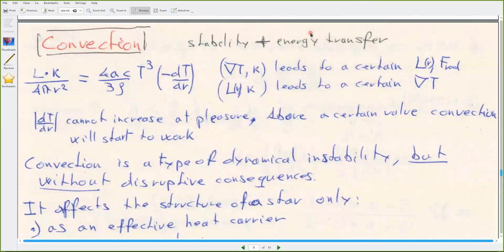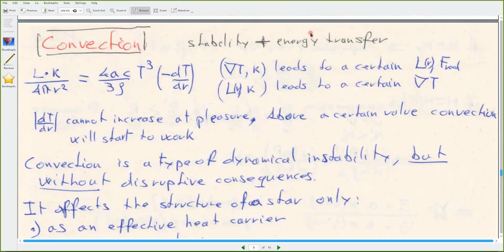Okay, let's start with the last class about stability. In this case, the stability is quite different because we'll talk about something that is connected with the stability of movement, but not exactly a stability of the stars.